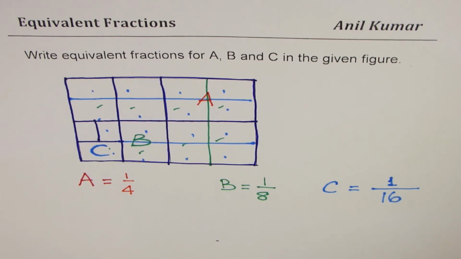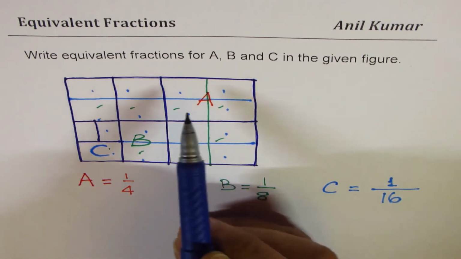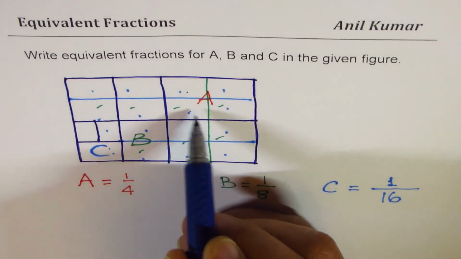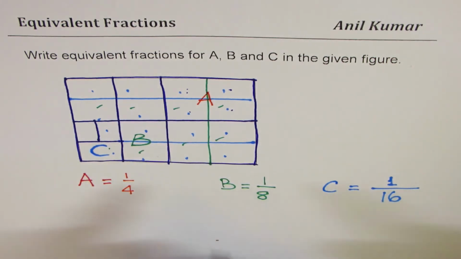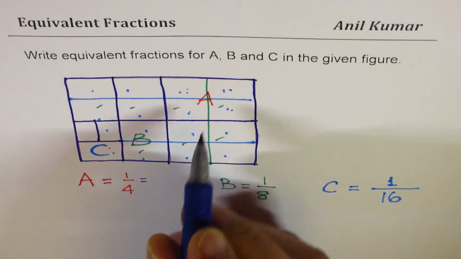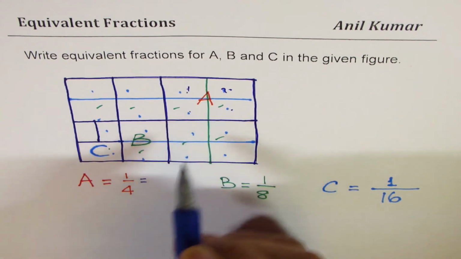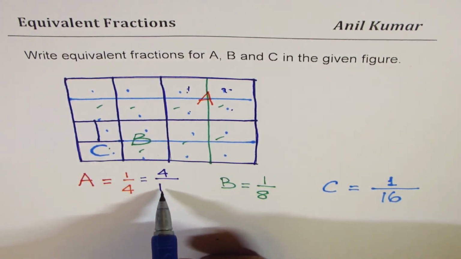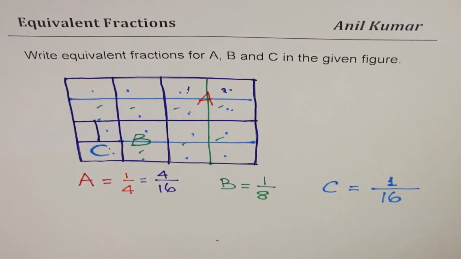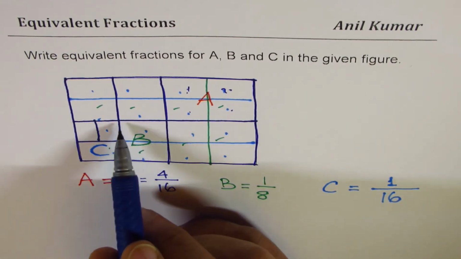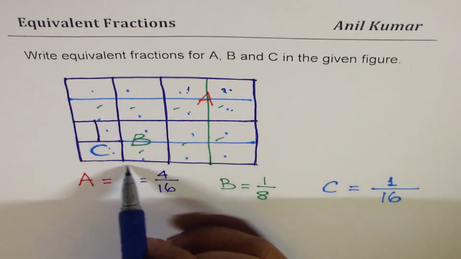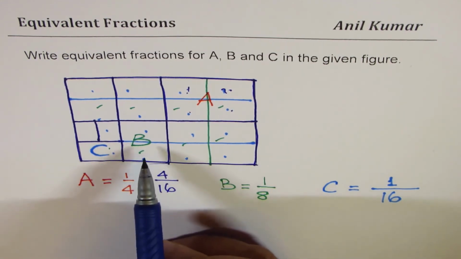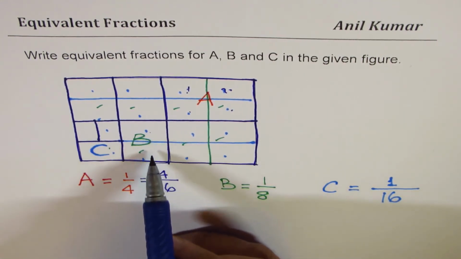Now you can look at these fractions in different ways. With so many, A, for example, has got 4 of these 16. Do you see that? So I could write A also as 4 out of 16. Does it make sense to you? Now B type of units, which are rectangles of this size, there are 2 sixteenths.